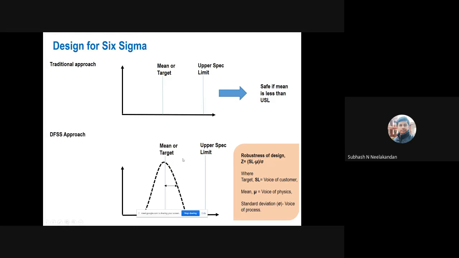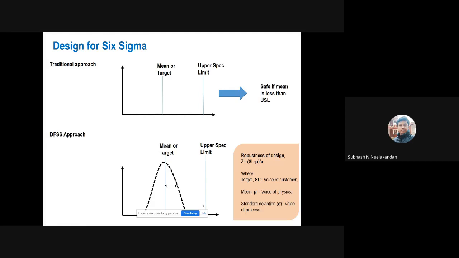So we can see here, even though the mean is very well below the upper spec limit, there is a spread of the device performance. If this spread crosses the upper spec limit, all the devices which cross this upper spec limit are bound to fail once it is a prototype.